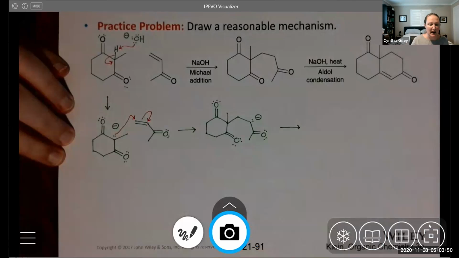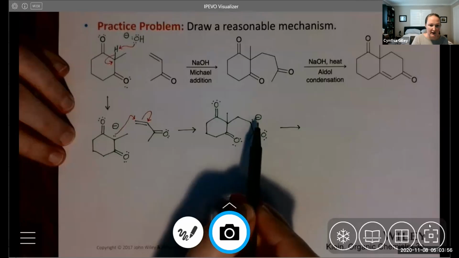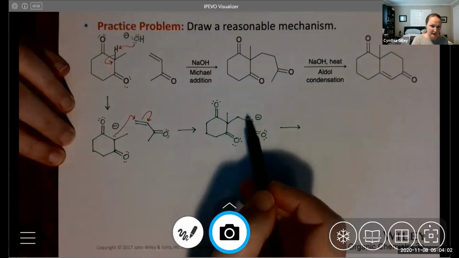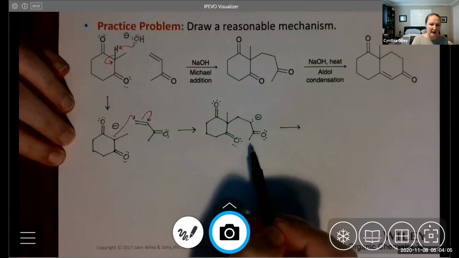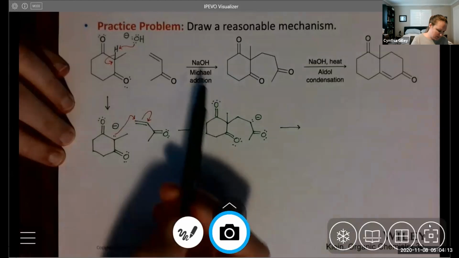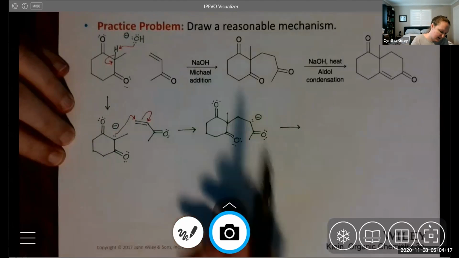Recall, I don't do it in the opposite order, because we want to avoid forming any intermediates with more than one negative charge. That would be too unstable. So it's much more likely that we first get to a neutral intermediate and then deprotonate the other alpha carbon to get to an intermediate with one negative charge. So under basic conditions, we have sodium hydroxide and we also have water.